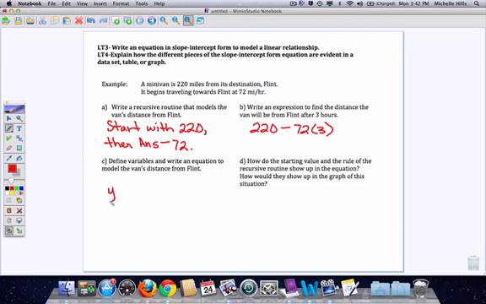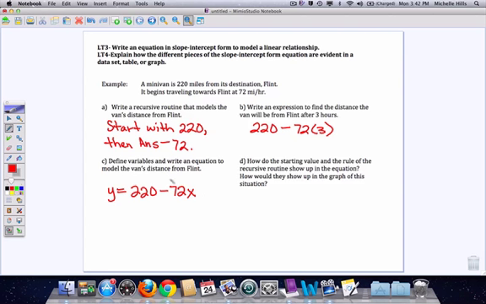It would be y equals 220, my starting value, and thinking about what I did here to calculate after 3 hours, I'd be subtracting 72 times x. Because this time they told me 3 hours, but what if it was 2.5 hours or 1 hour? I'm going to take that 72 and multiply it by 2.5, or 72 and multiply it by 1.